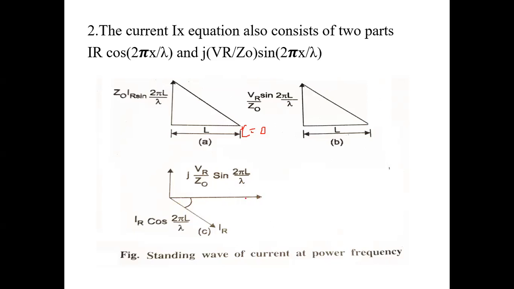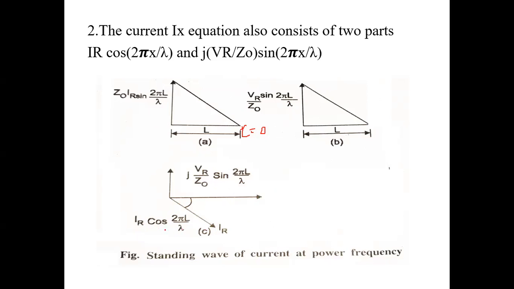For this again, we can take VR as the reference vector. This is VR, and for the corresponding voltage vector, its current lags behind the voltage by an angle of theta or phi. If you take the current vector, its corresponding current vector is IR into cos 2 pi L by lambda.